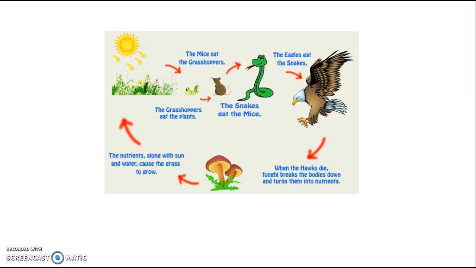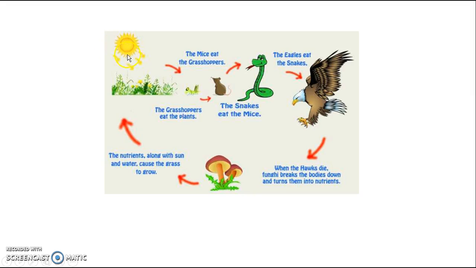Here's another food chain. It looks a little different than the ones that we did, but I did want to show it because I think you did miss a little bit. The end of the food chain doesn't just stop.